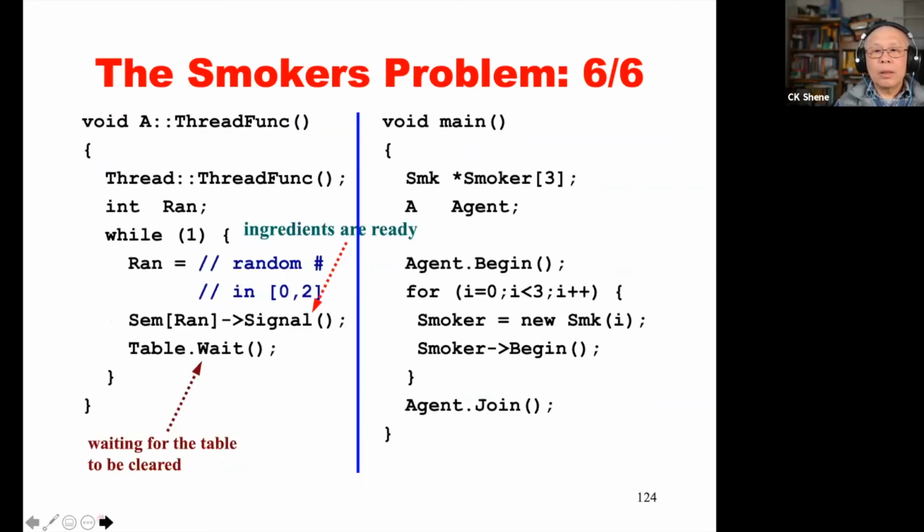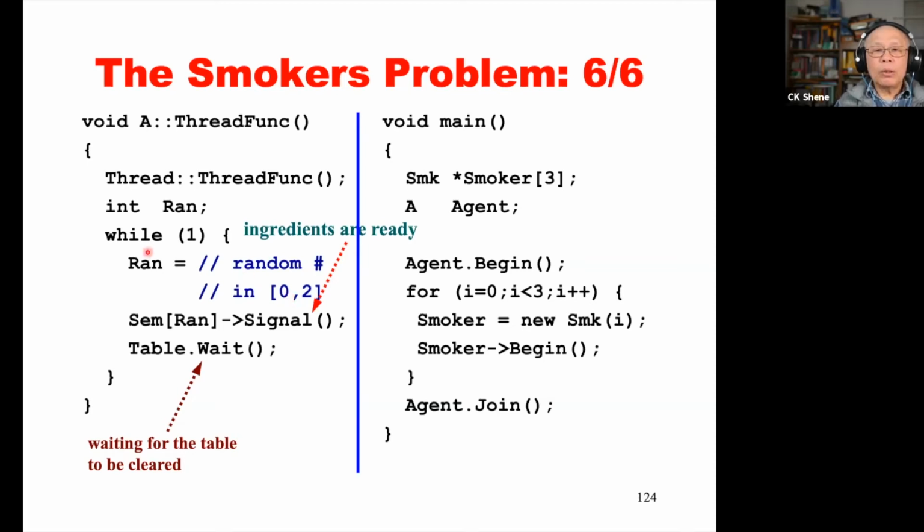Now, let's take a look at the agent. Again, the agent has a thread function and a random number representing which 2 ingredients. So we generate a random number in the range 0, 1, or 2. So 0 means ingredients 1 and 2, and so on.